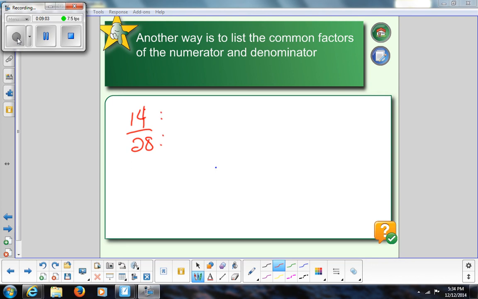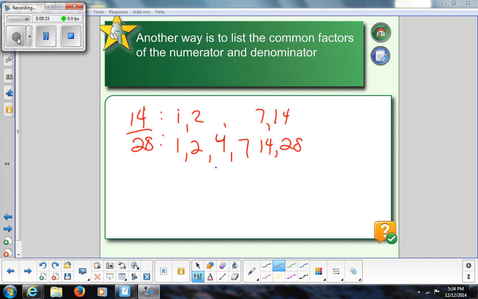All right, so we have 1 and 14, 2 and 7, and that is it. 28, we have 1 and 28, 2 and 14, and there's one I'm missing. 7 and 4, right? Yes, 7 and 4.